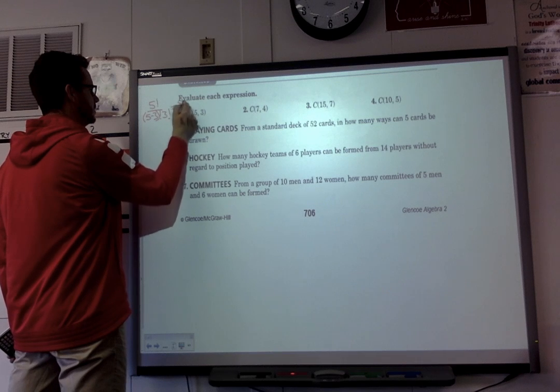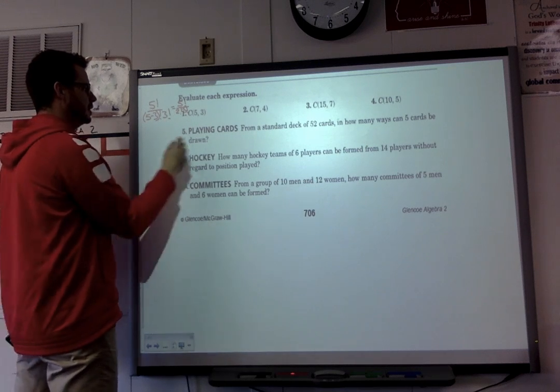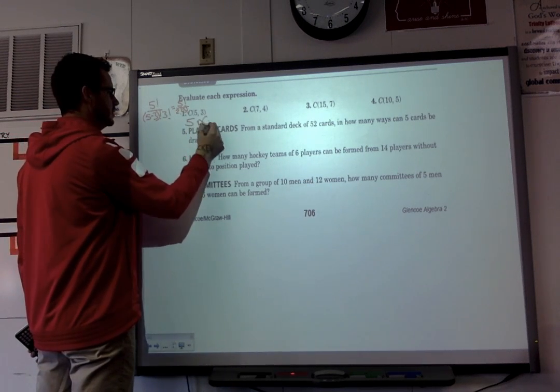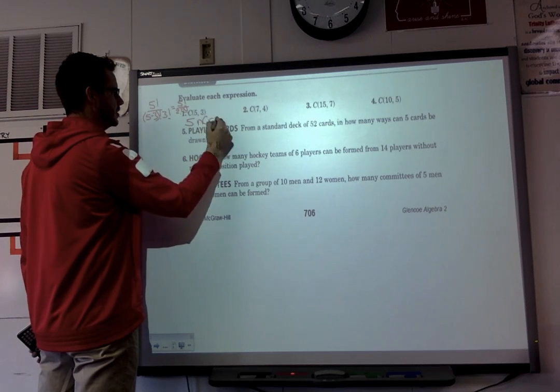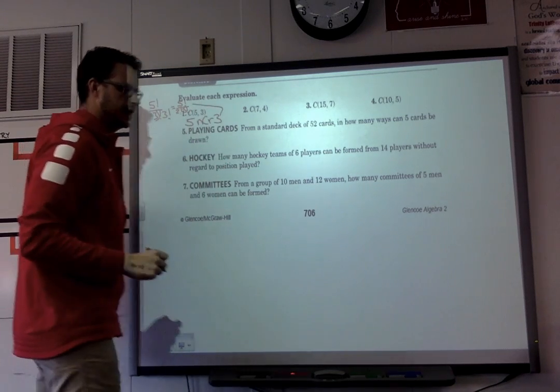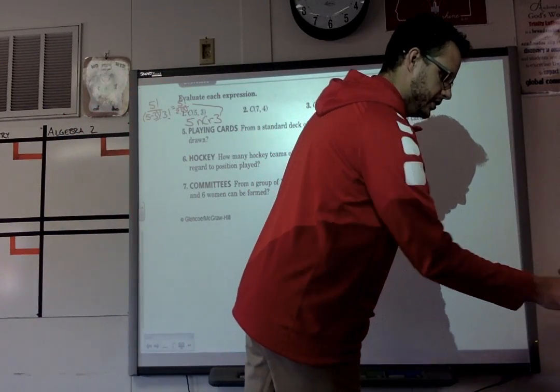So that would become 5 factorial over 2 factorial times 3 factorial. Or you could plug in 5 nCr, and since your r value is 3, you would plug that in. Either way on that one, we would get a solution of 10.